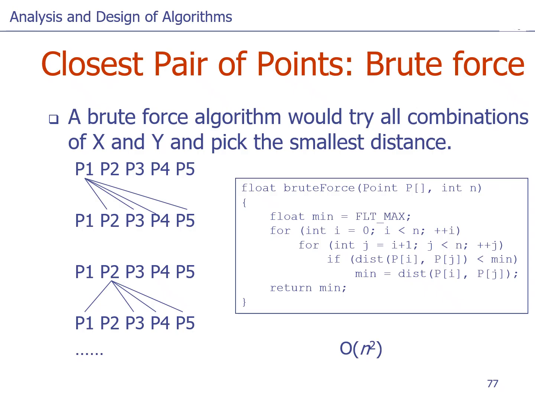And 10,000 is not really a big number in the mapping world, or in the graph world. So we want to do something better than n squared. And if you want to do something better, then you have to use one of the techniques we're discussing in the course, and here we are actually discussing divide and conquer. So let's see how we go about designing an algorithm that uses divide and conquer.